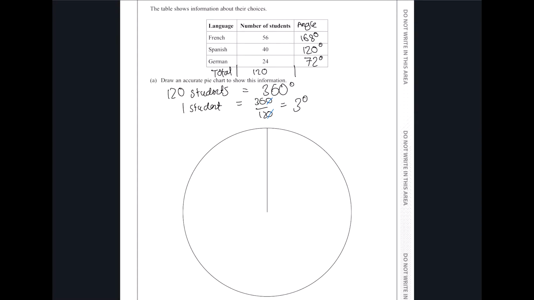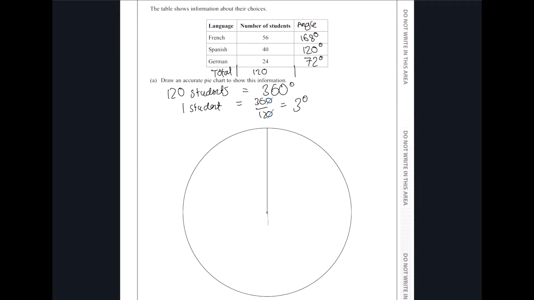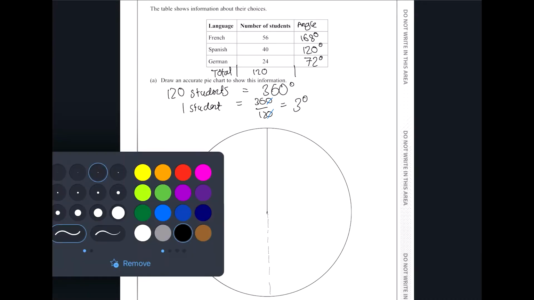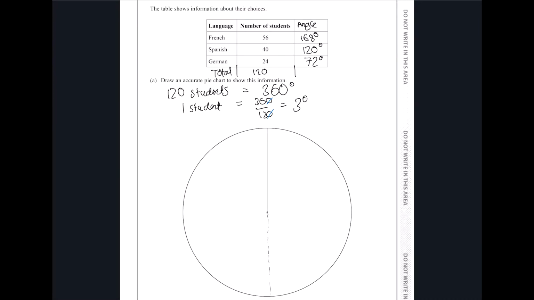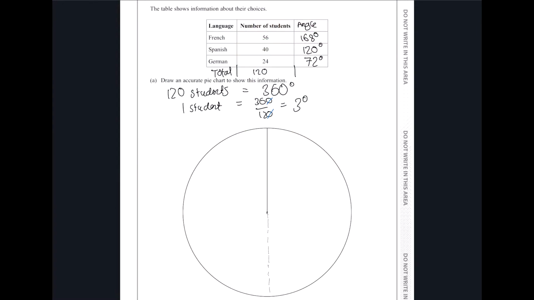So let's roughly get things right. We know that if we continue down all the way to the bottom like that, we would get 180 because it's a straight line. But since French is slightly under 180, temporarily I would just roughly do something like this.